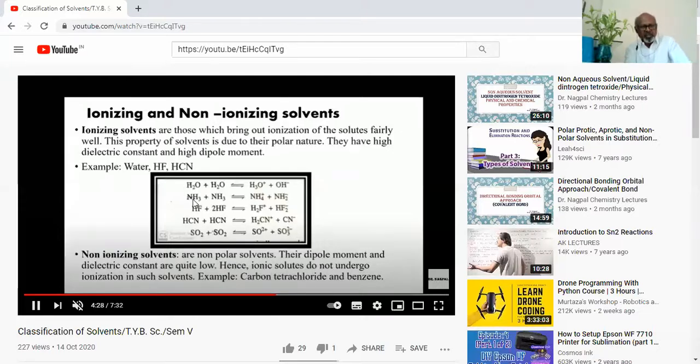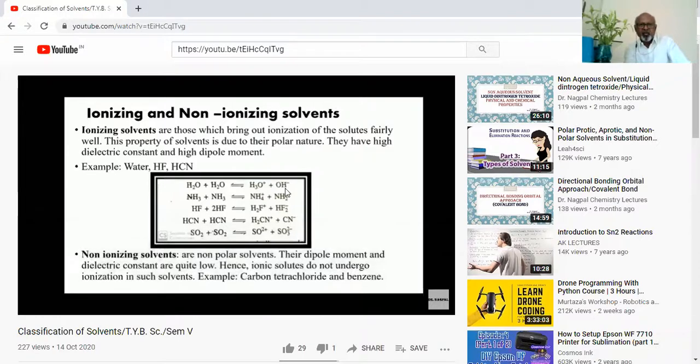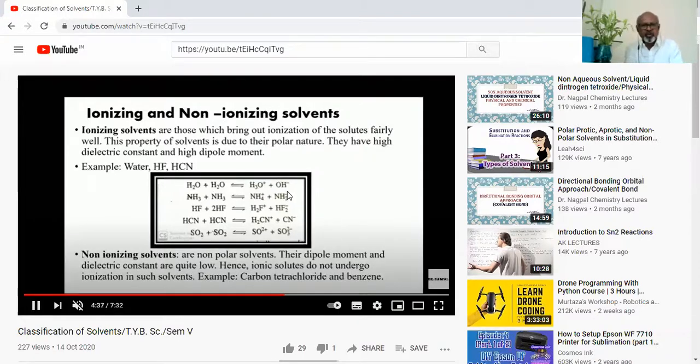For example, if we look at this particular reaction, when two molecules of water react, they can produce a positively charged species, that is the hydronium ion, and hydroxide ion. When two molecules of ammonia unite together, they form NH4 plus and NH2 minus.